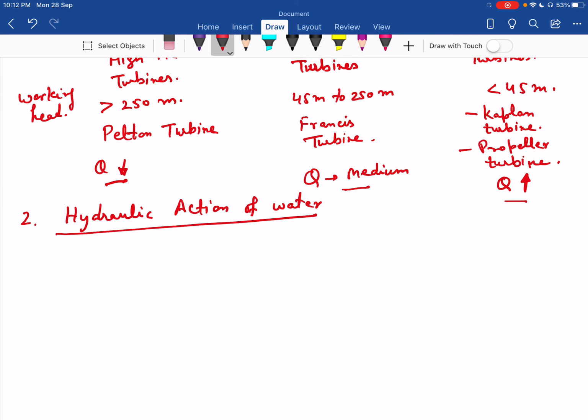One is called the impulse turbine and the second is called the reaction turbine. Now the runner is the rotating part of the turbine where energy conversion takes place.